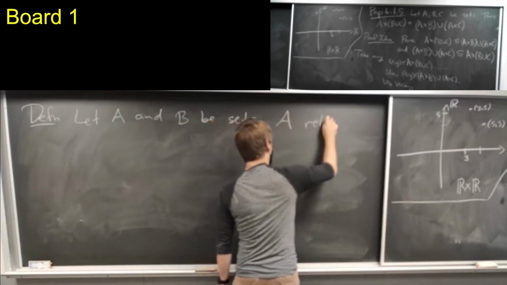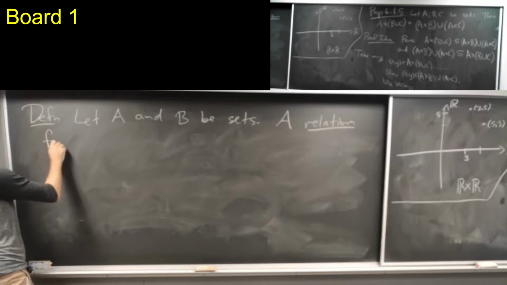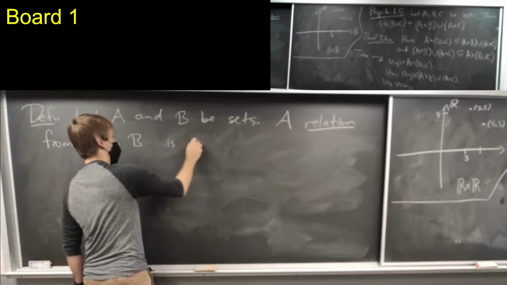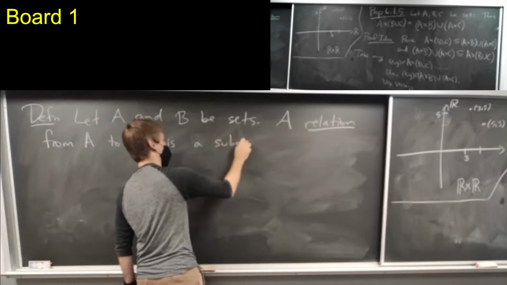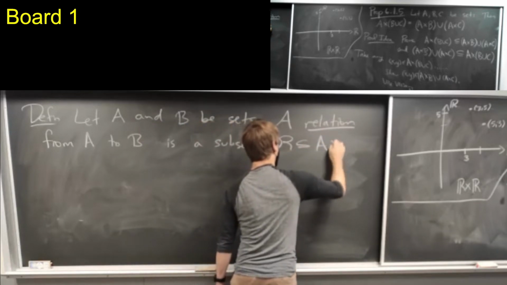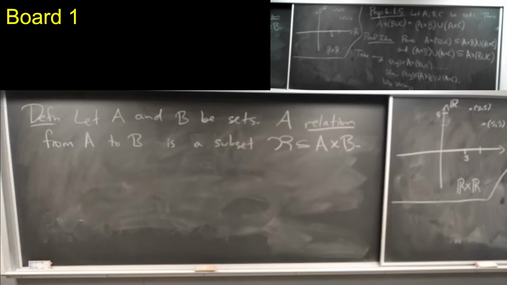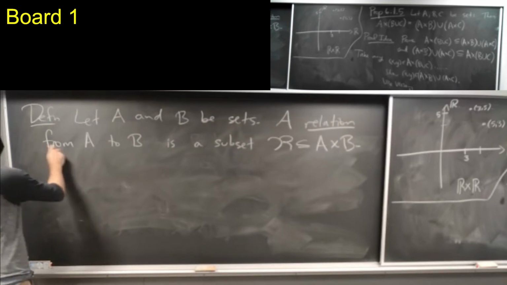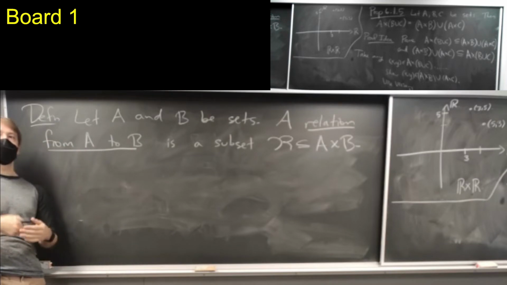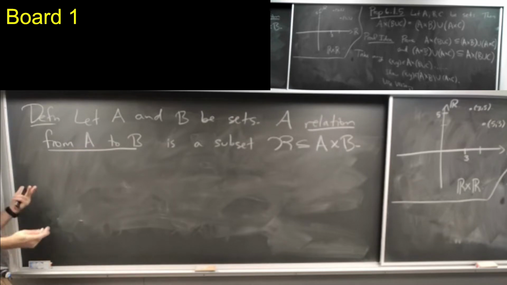A relation from A to B is a subset R of the Cartesian product of A and B. So this is when you have two different sets A and B. You call it a relation from A to B. In the case where A is equal to B, we have slightly different terminology.